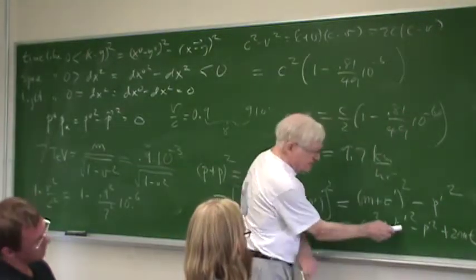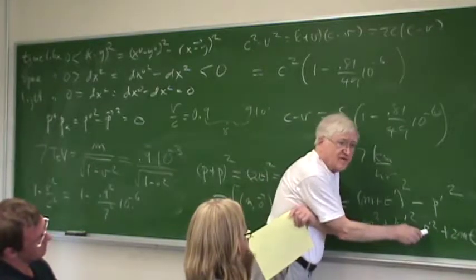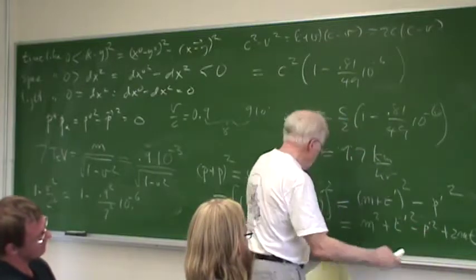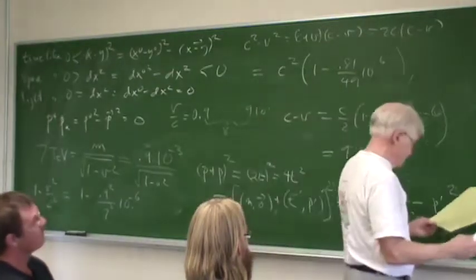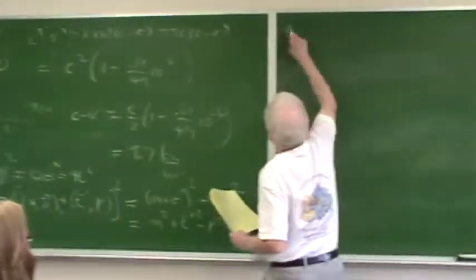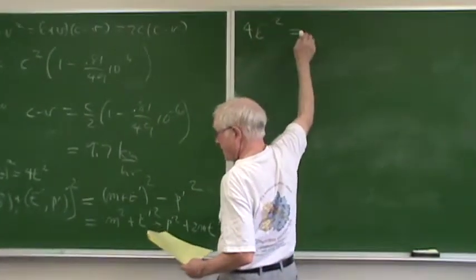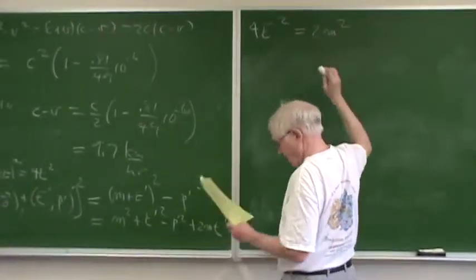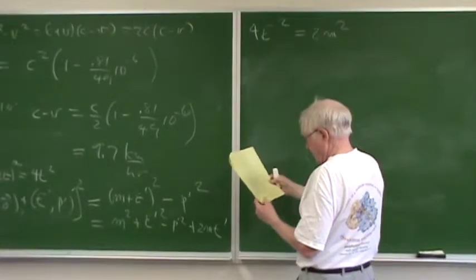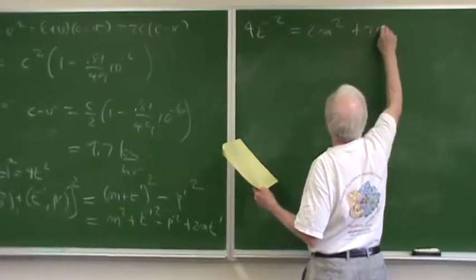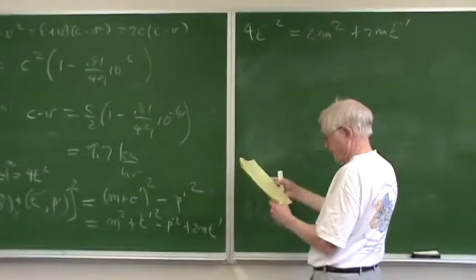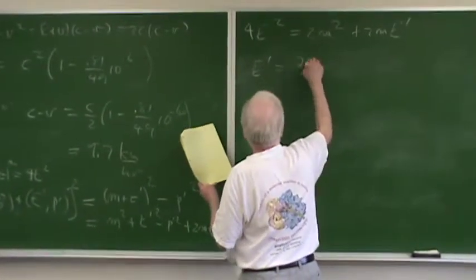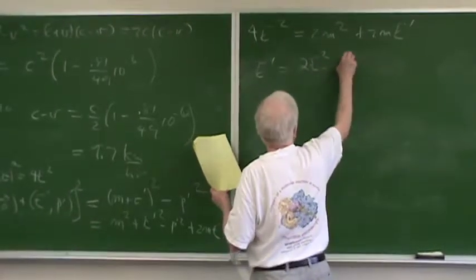Well, you notice e prime squared minus p prime squared, that's another one of our favorite invariants. This is just m squared. And so what we have then is 4e squared is equal to 2m squared plus 2m e prime.